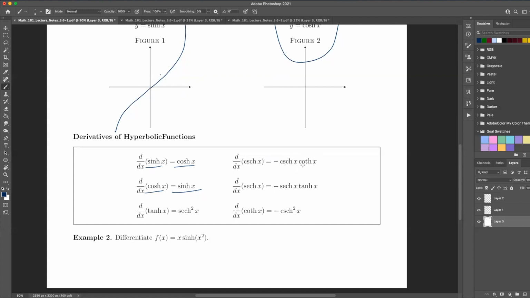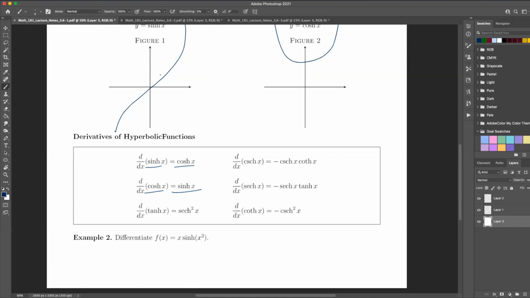Sometimes you'll hear cosh and sinh with an H sound on it. I kind of mumble anyway, so I always say hyperbolic. To clarify, that's what I want. It's just how I do it.